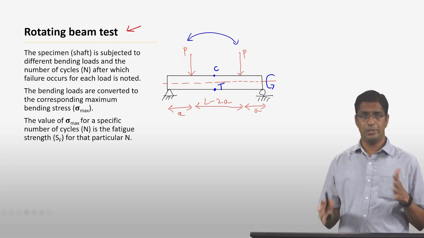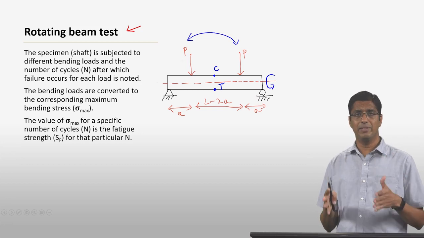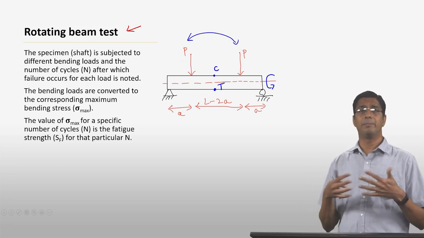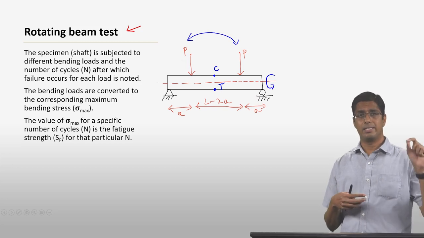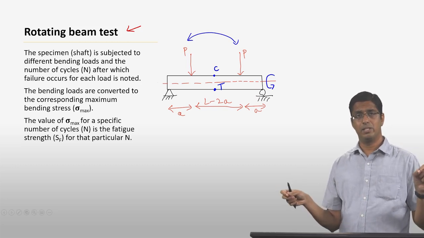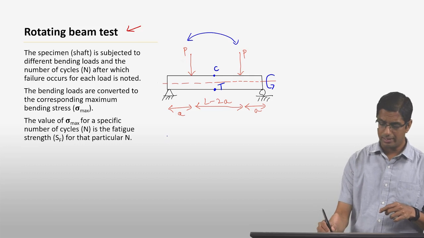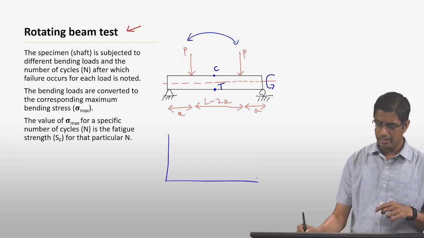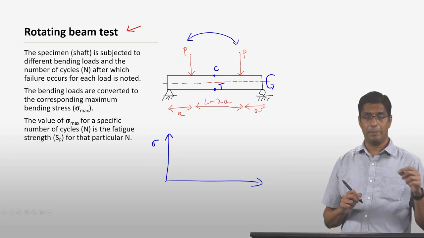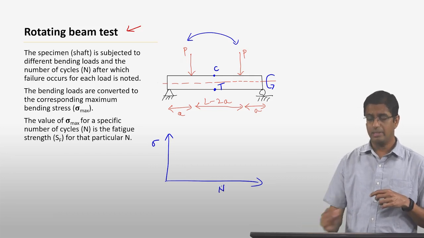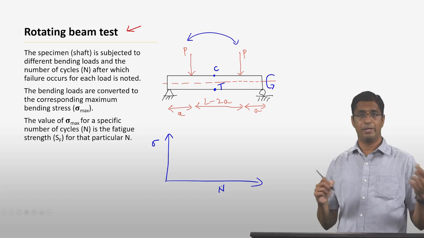Now, you don't just use P, you convert this force into the bending stress, sigma. And then you plot sigma versus N. So essentially this plot is going to look like this. You can think of this as the sigma that you applied, and this is the number of cycles it took for it to fail.